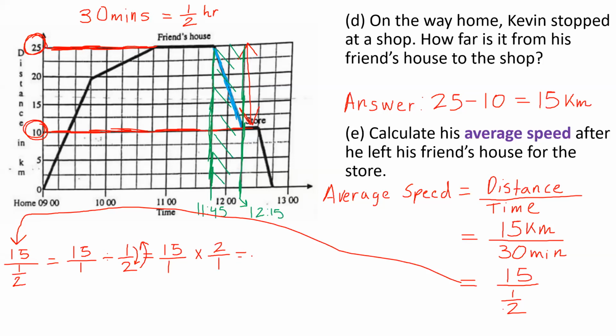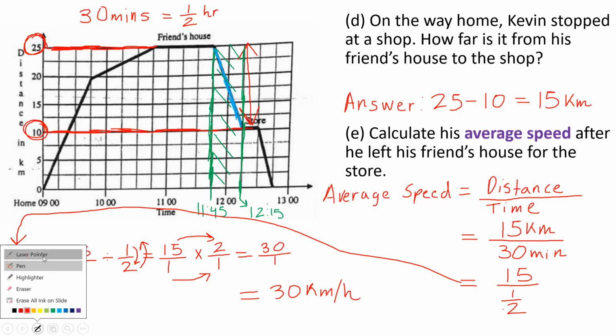And then we have to multiply. What is 15 times 2? It's going to be 30 over 1, which is equal to 30 kilometers per hour.